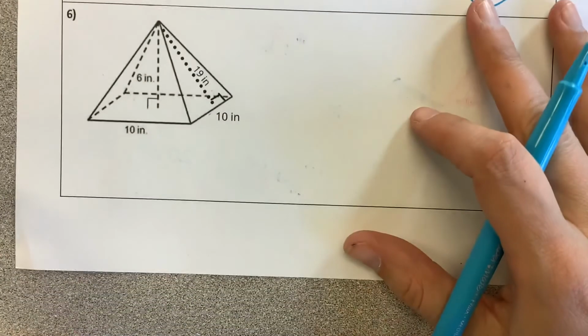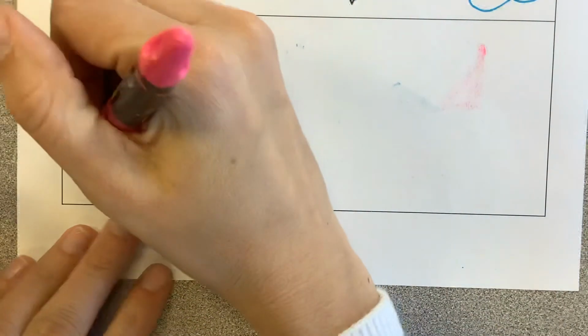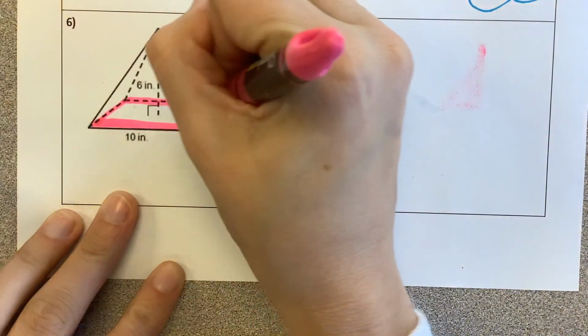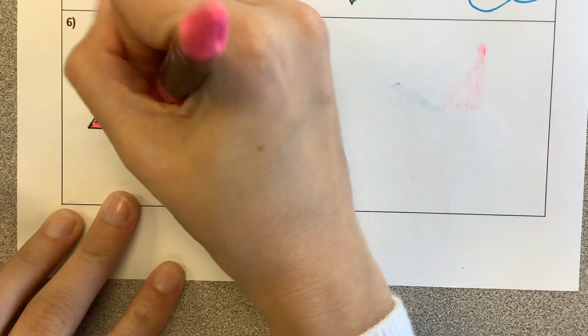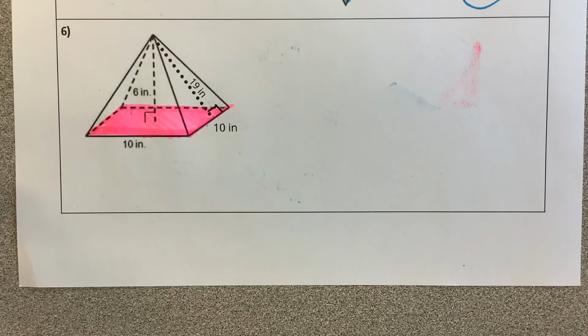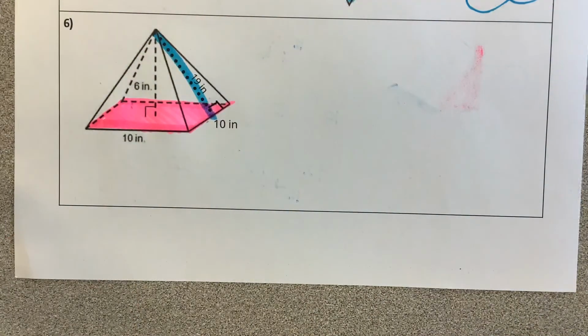And let's try one without. So again, we've got our base. And we want the slant height for surface area, the height of those triangles.